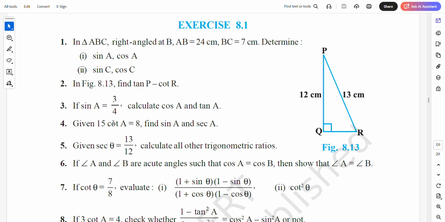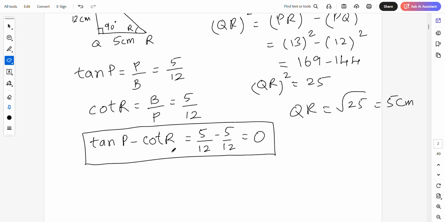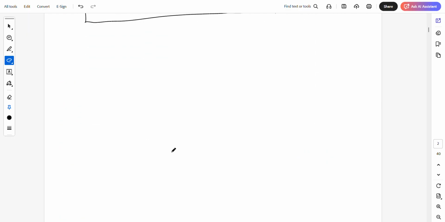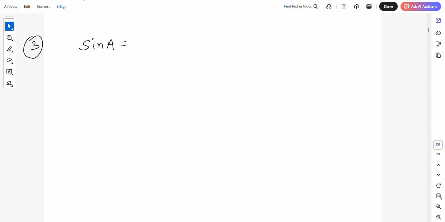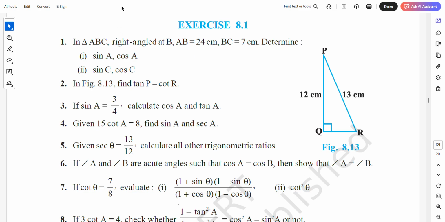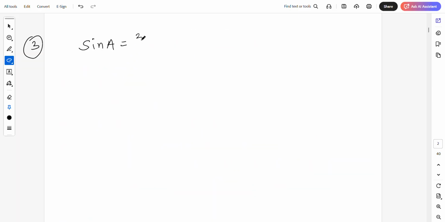If sin A is equal to 3 by 4, calculate cos A and tan A. Question number 3. Given sin A is equal to 3 by 4. Sin A is given by perpendicular by hypotenuse.